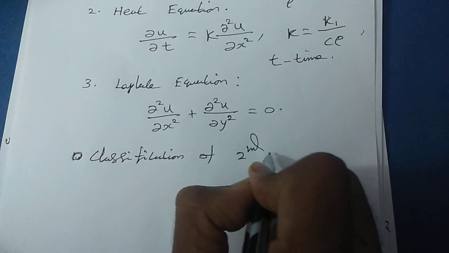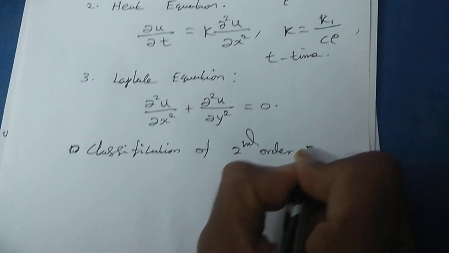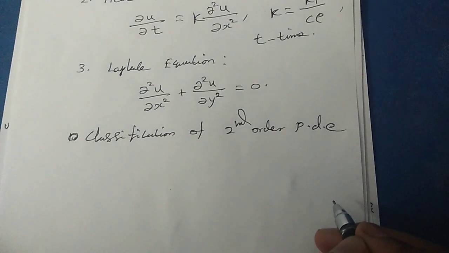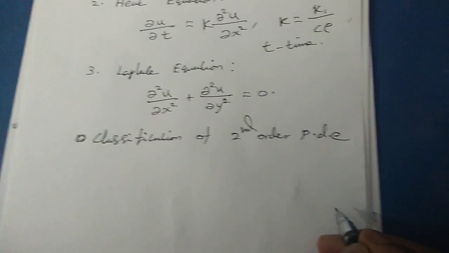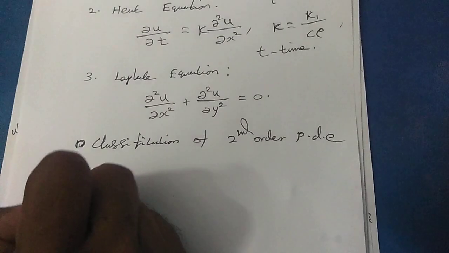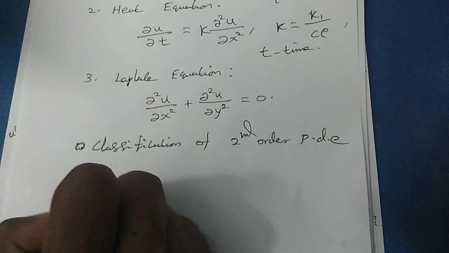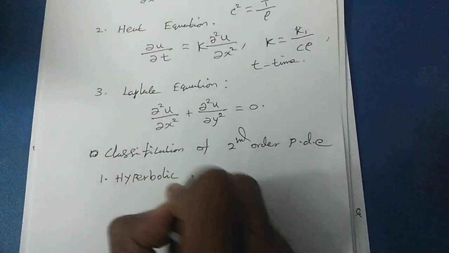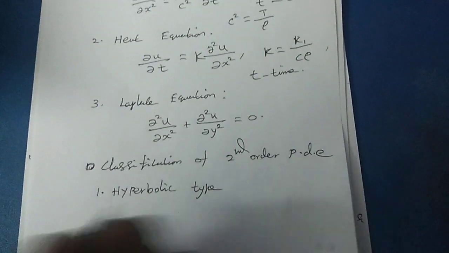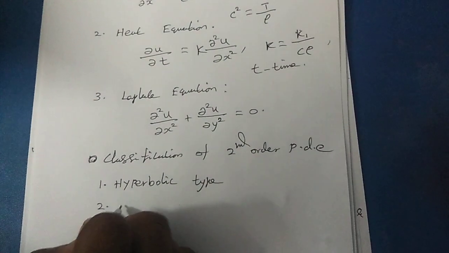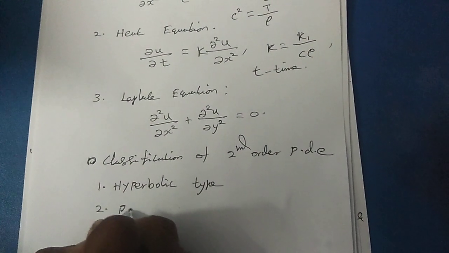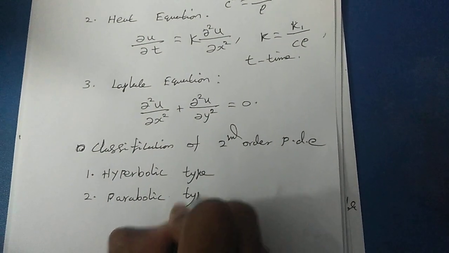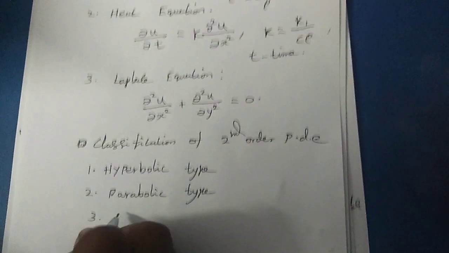We classify second order PDE into three types. One is hyperbolic type, second one is parabolic type, and third one is elliptic type.